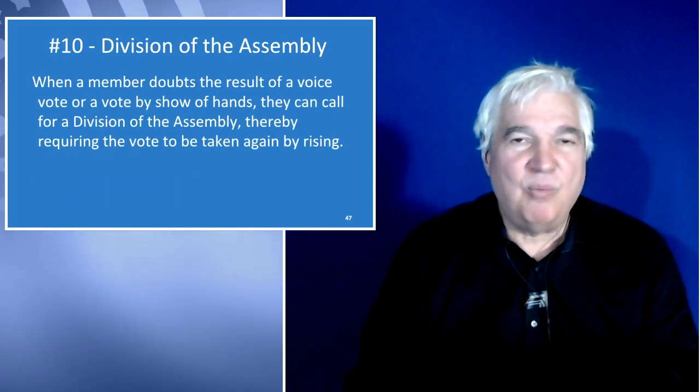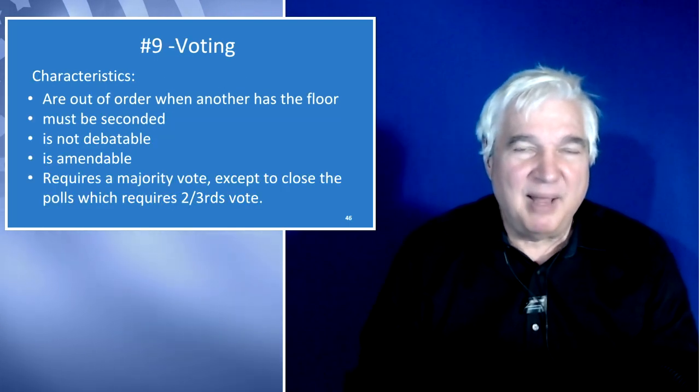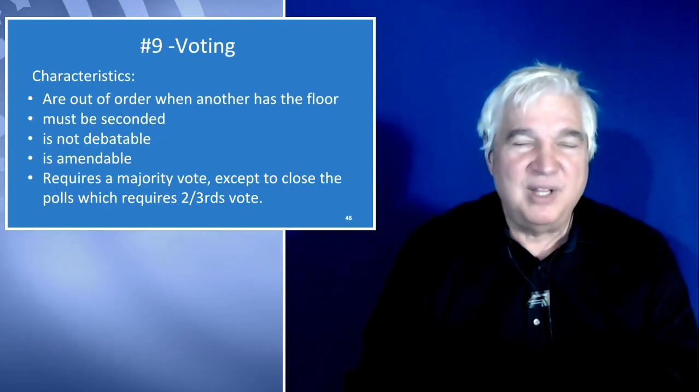Again, ordinarily only the chair gets to decide if votes need to be counted. In the case that I was talking about earlier, where we're all on the phone, we didn't get to see who voted and how people voted, this is when we can say, I move to a roll call vote.